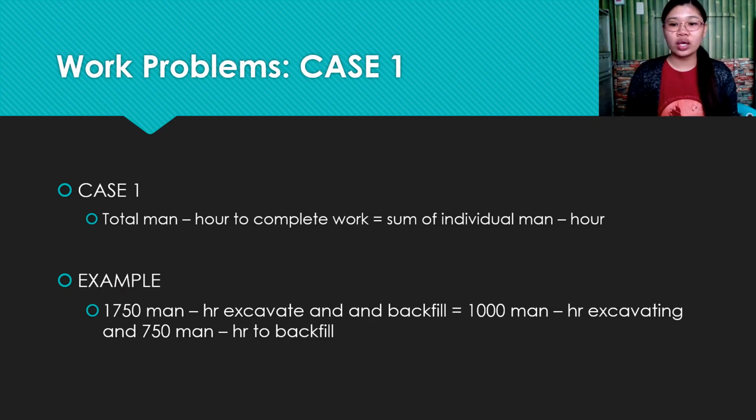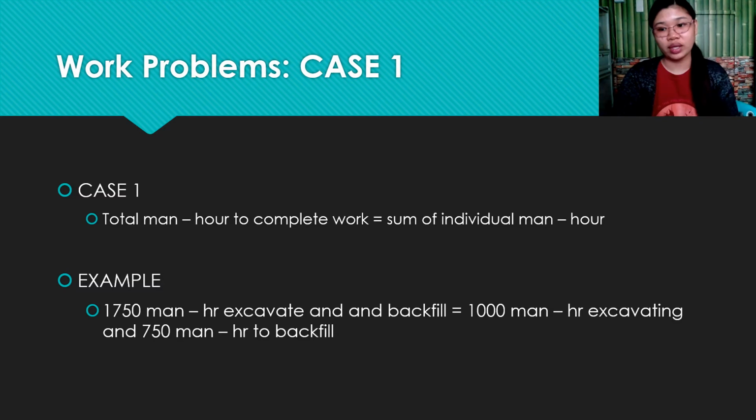So that is equal to, if we have 1,000 man hour excavating, so meaning the 750 man hour remaining belongs to backfill. So that represents case 1, which is the total man hour to complete the work is equal to the sum of individual man hours.